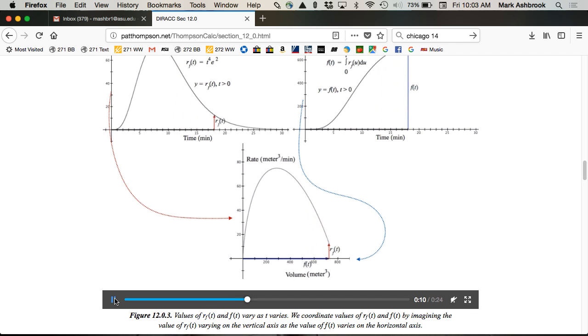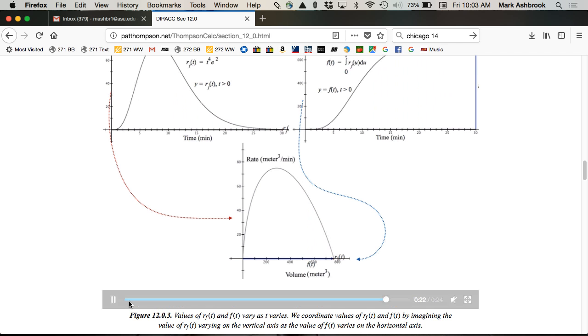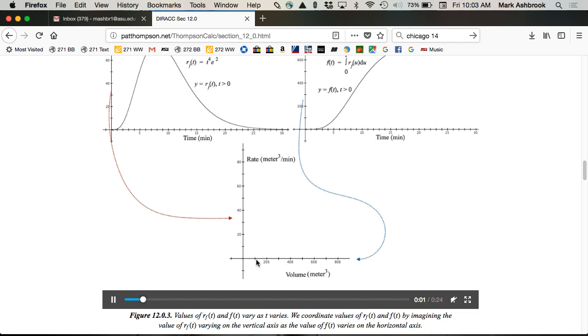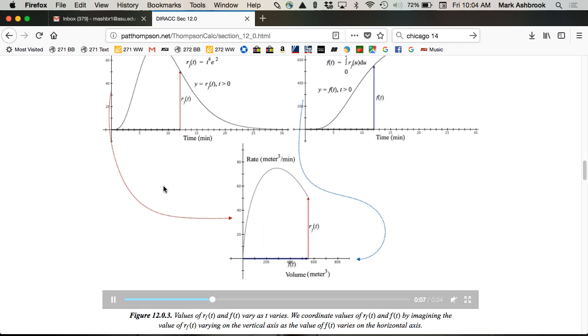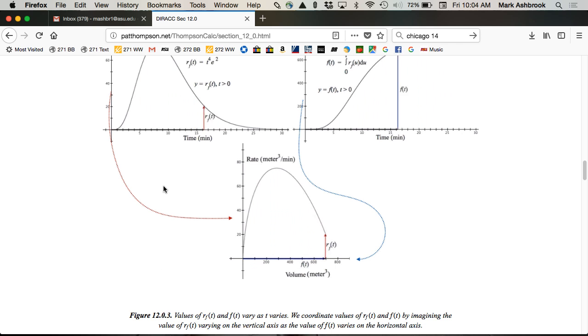It's coming from where? Right, the y value of the right-hand graph up there, right? The y value of the right-hand graph is giving us those values, and then the y value of our new graph comes from? Red and red, right? The rate now coming from the rate or the vertical coordinate on the left graph.